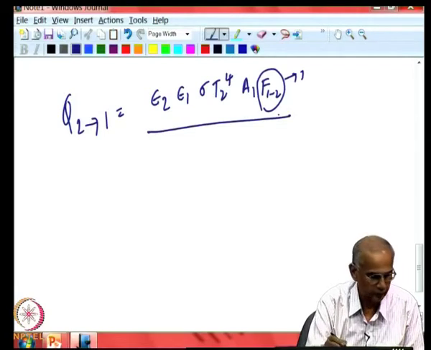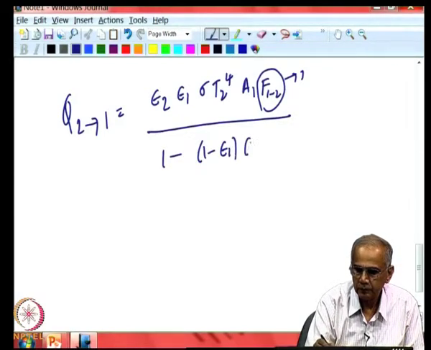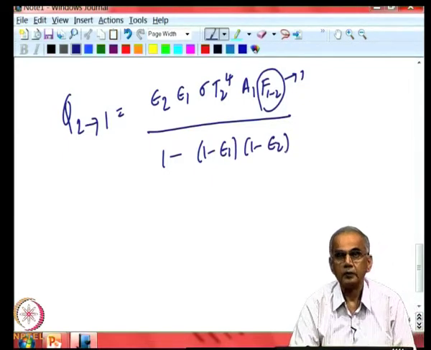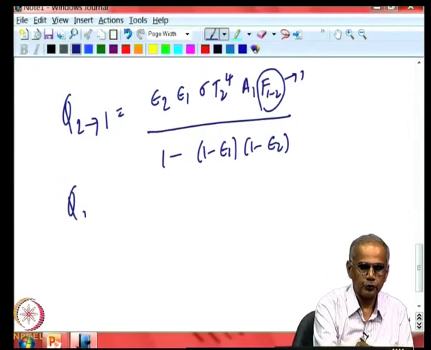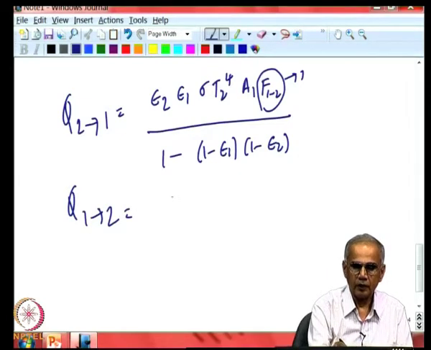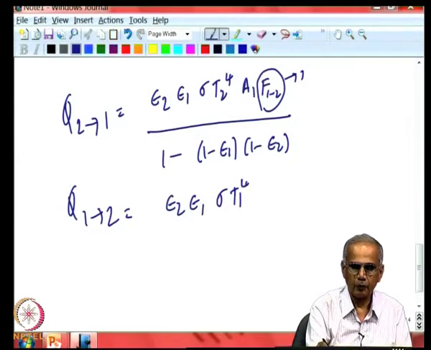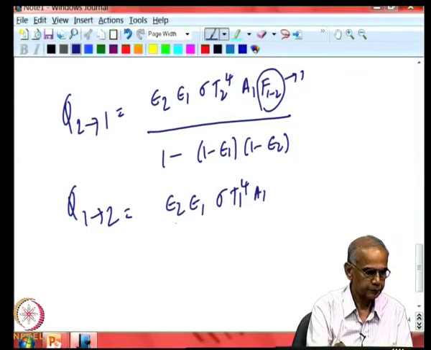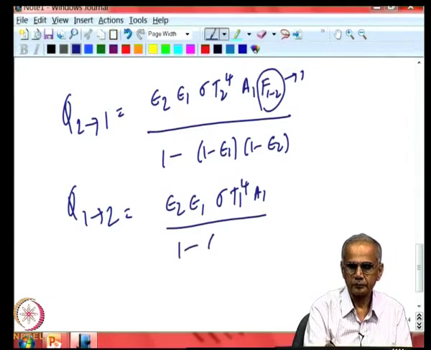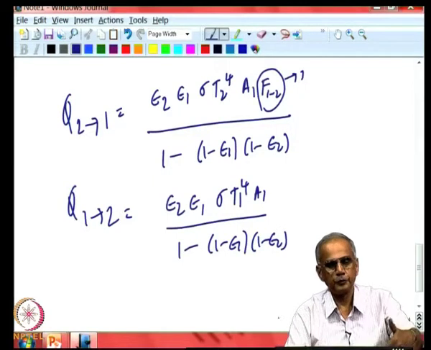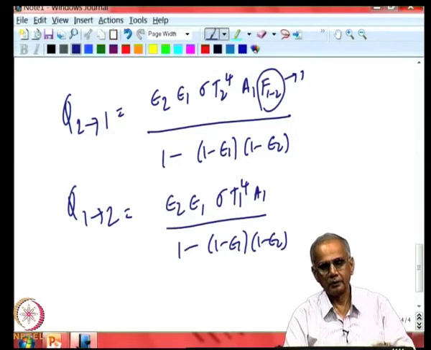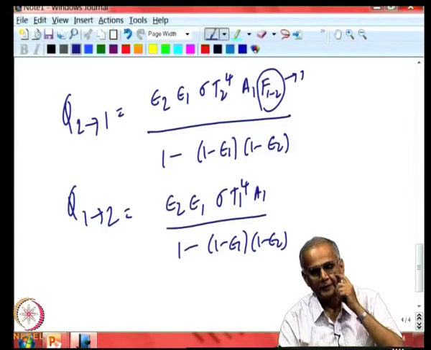So, this is divided by 1 minus... A similar result you can get for Q12, it will give the same thing, except that this will be sigma T1 to the power of 4 A1. And the net heat transfer difference between these two, and both involve A1 now, interestingly.